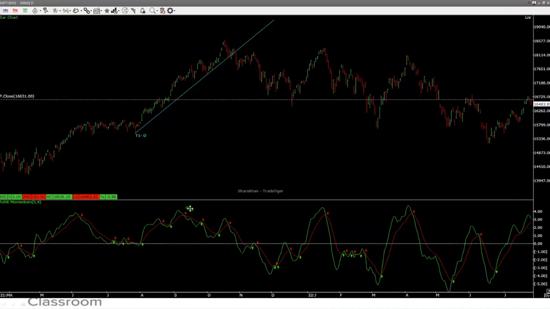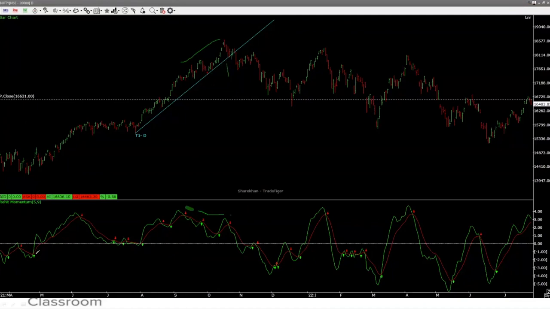So I would still hang on to my long position all the way till there's a negative divergence with price, which means prices are making a higher high, but the indicator is not making a higher high. And once you're in that setup, it's the break that finally confirms the reversal.